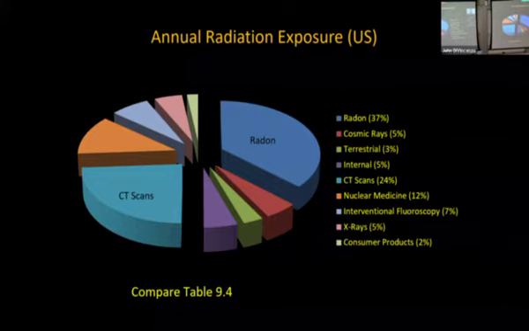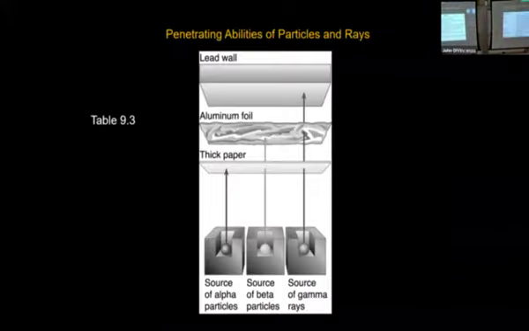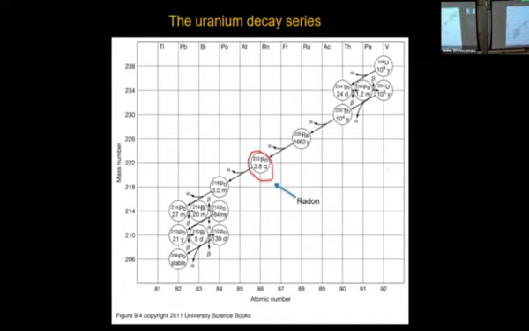But anyway, you see that a lot of it is natural. This is not man-made. This is just in the soil underneath your house, in some of the materials used to make things like bricks. So terrestrial material that has small amounts of uranium in it, and some areas have more than others.